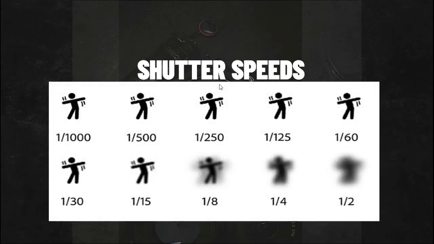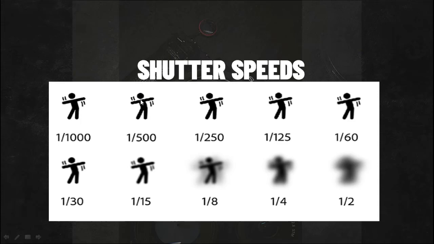Now, this is an image that illustrates the various effects of shutter speed on the subject's motion. So if you're shooting maybe a baby or a subject that is moving, and you're shooting at 1/1000 speed, it will freeze the subject completely.